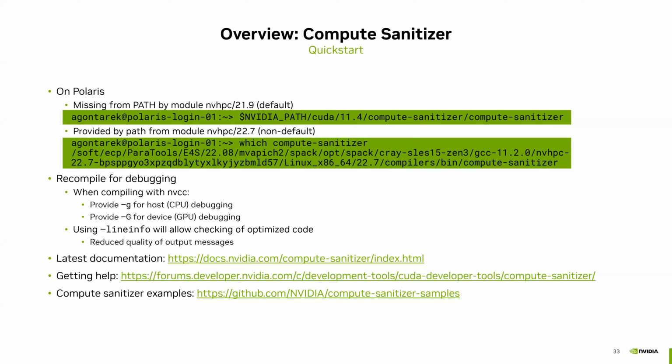And then there are also third-party parallel debuggers, so there's TotalView, and also Forge, which is an ARM tool. I'm not sure if those are available on Polaris or not. But I did check, GDB for HPC is available on Polaris.